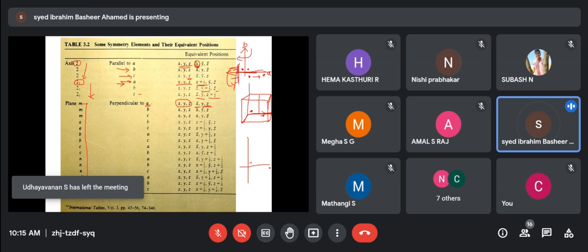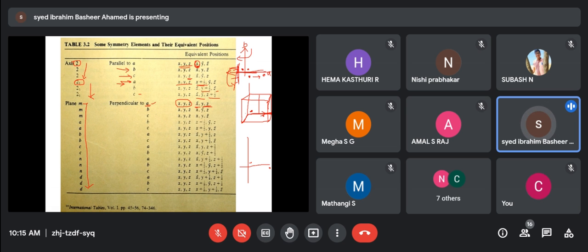If it is perpendicular to A, it will become X bar, Y, Z. Perpendicular to B, X, Y bar, Z. Perpendicular to C, X, Y, Z bar. Alright, so this is the normal mirror plane.